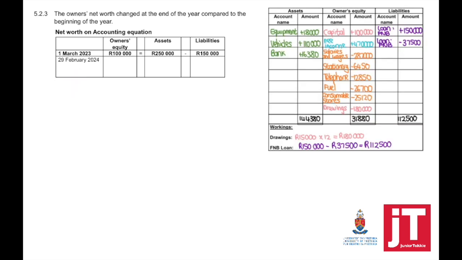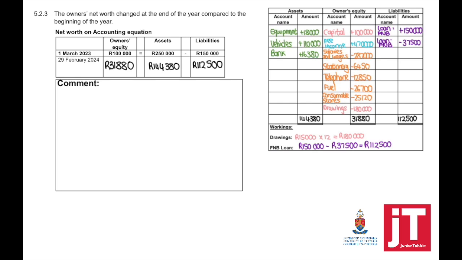By the end of the accounting period, which is on the 29th of February 2024, we now need to calculate their new net worth, which means that if I look at my owner's equity, the total we've calculated is 51,880. Our total assets, 144,380, minus our total liabilities.